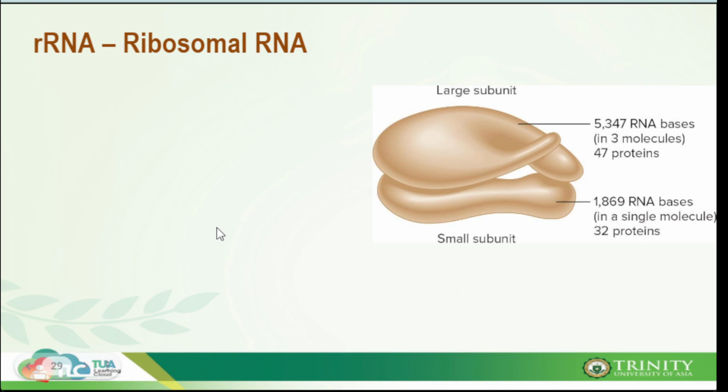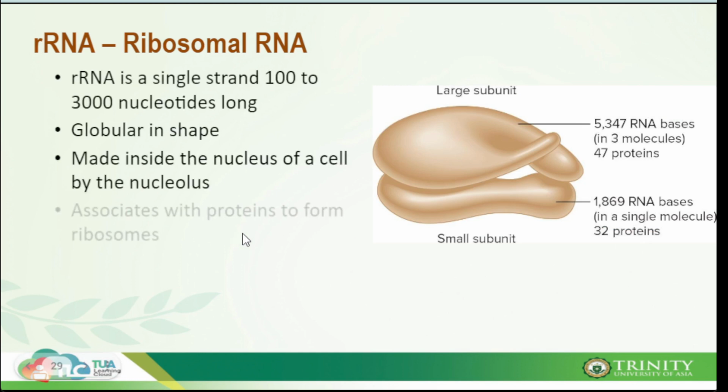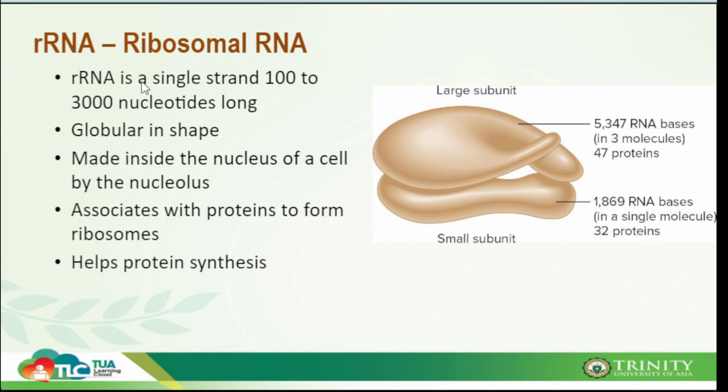Second, we have the ribosomal RNA, also known as your ribosomes. Okay, so an rRNA is also a single strand composed of 100 to 300 nucleotides long, but it is globular in its shape. It is made inside the nucleus, specifically in the nucleolus.